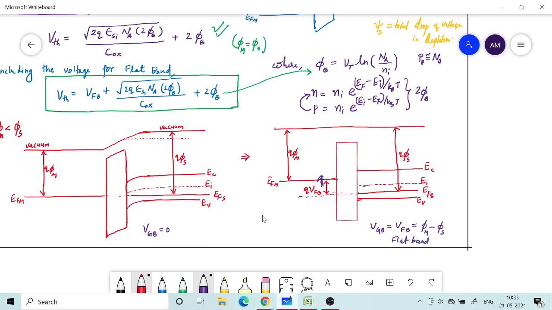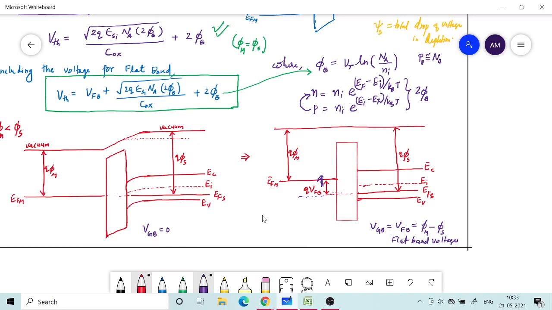Why is it called the flat band voltage? Because if I apply this voltage, I will get rid of all the bending. It will shift the Fermi level by the exact amount that we require, so that the vacuum level will be continuous and at the same level. Earlier this was down.